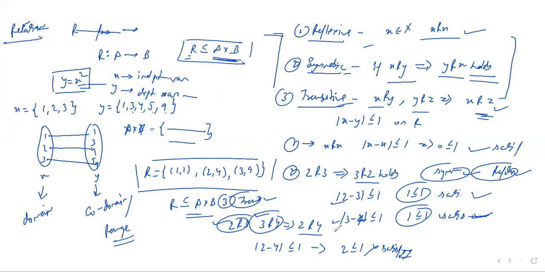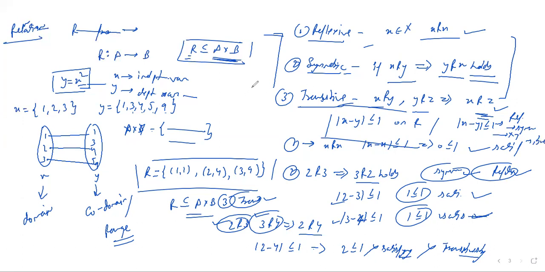So transitivity does not hold for this relation. Okay, so this particular relation, mod of X minus Y less than or equal to 1, is reflexive, symmetric, but not transitive.